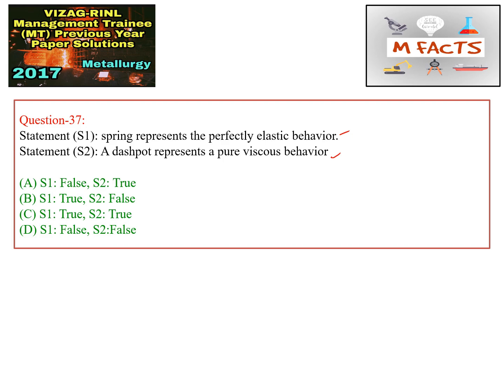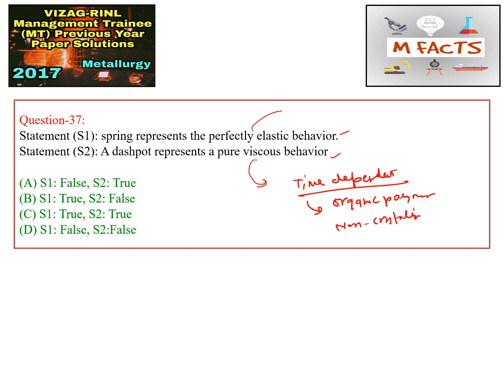First of all, we need to understand this. Elastic behavior we already know. Viscoelastic behavior is found in materials which respond to an applied stress by both recoverable and permanent deformation, and this is time dependent. Creep is also time dependent, but viscoelasticity happens in most organic polymers and non-crystalline material, whereas creep happens in crystalline material.